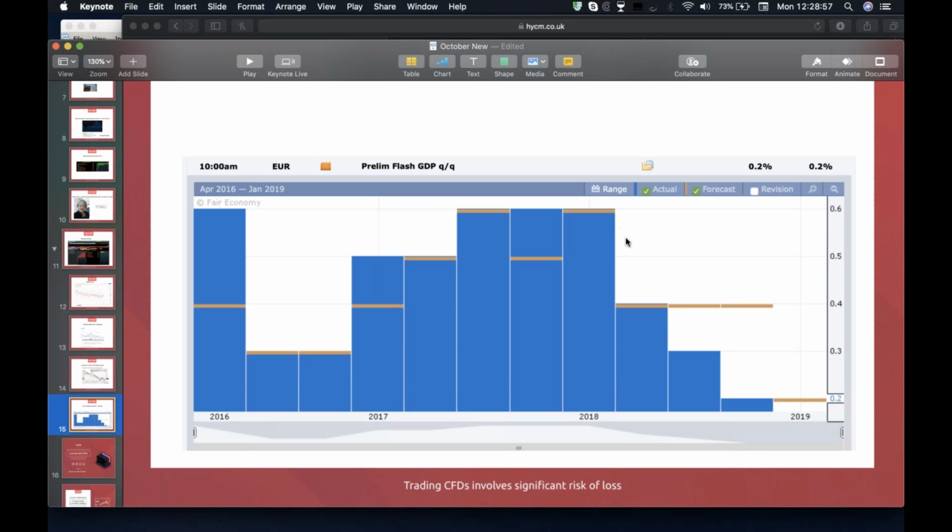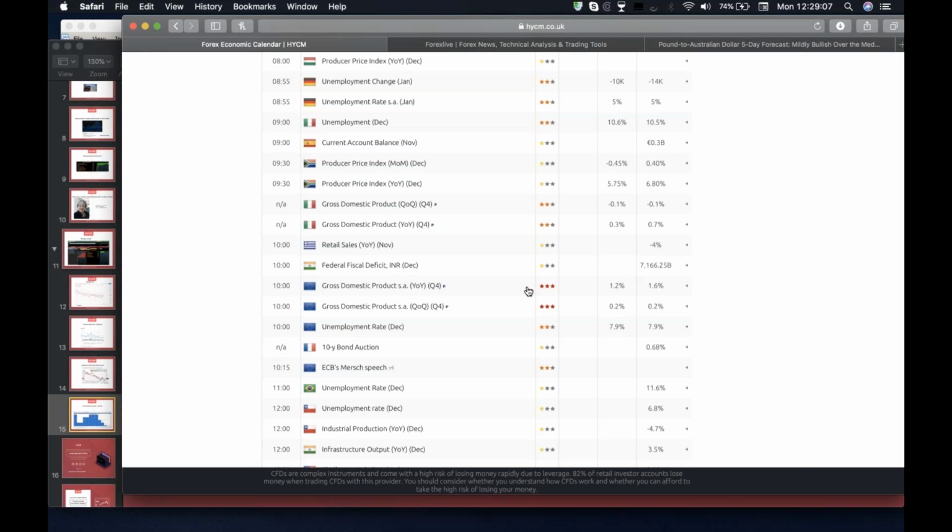So the general trend is down. You're beginning to see a pattern here, and the pattern is a slowdown in the Eurozone. So there is a potential for this to surprise to the downside. If it does, that's going to be more weakness for the euro. So that's potentially a trade.